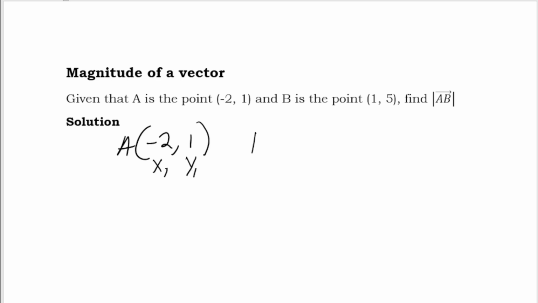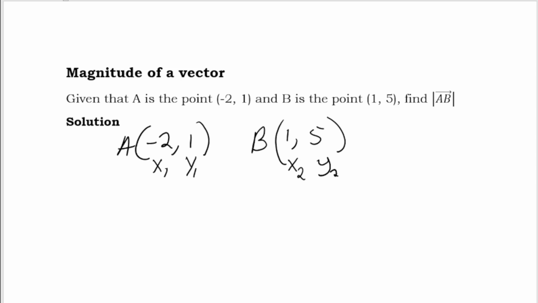B is the point 1, 5, so this is x2 and this is y2. Of course, which point you start with doesn't really matter; it will still give you the same answer.